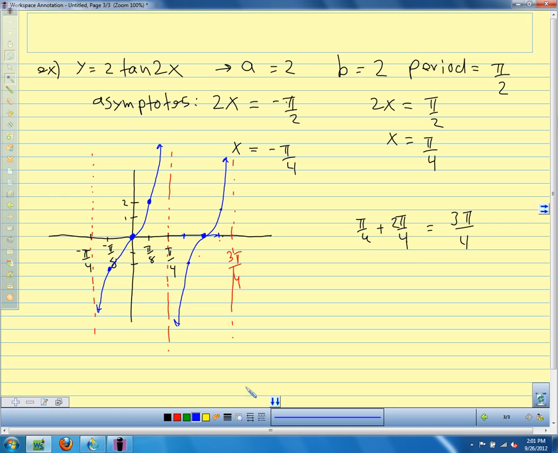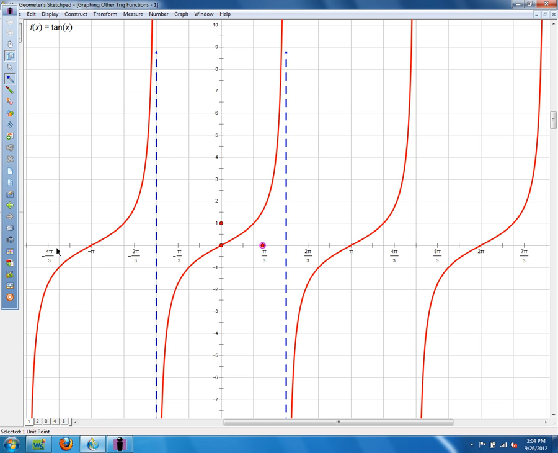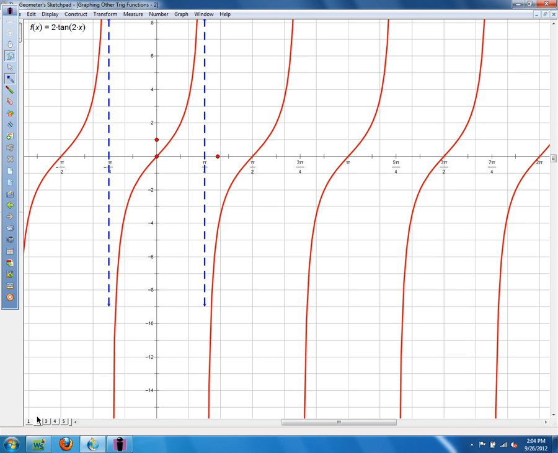All right, let's look at cotangent. So let me grab a graph here. So there's the graph that we just did, 2 tangent 2x. Our asymptotes at negative pi over 4 and positive pi over 4. We said we'd have another asymptote at 3 pi over 4 here.